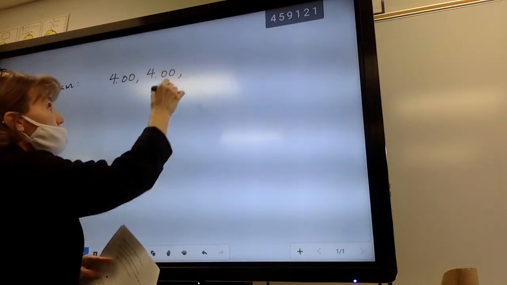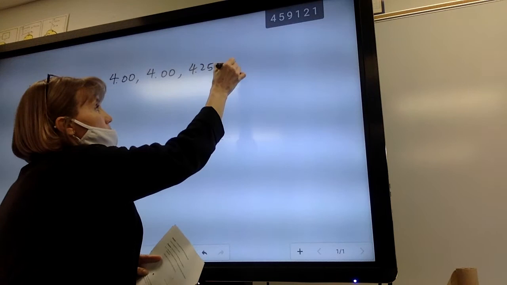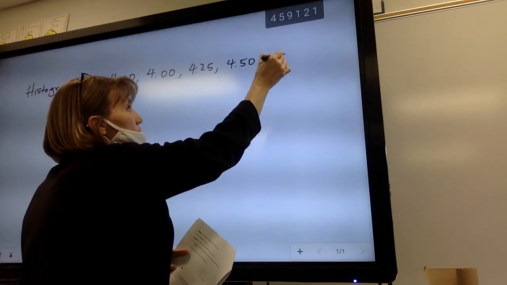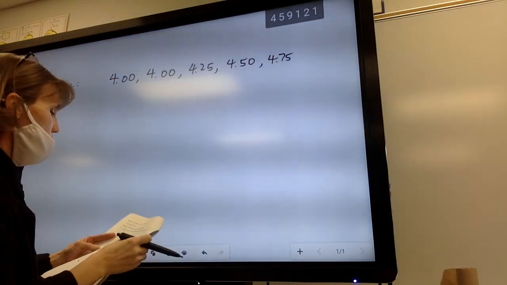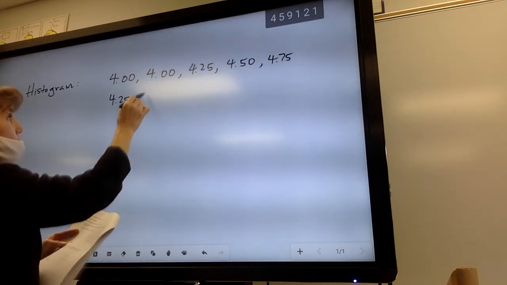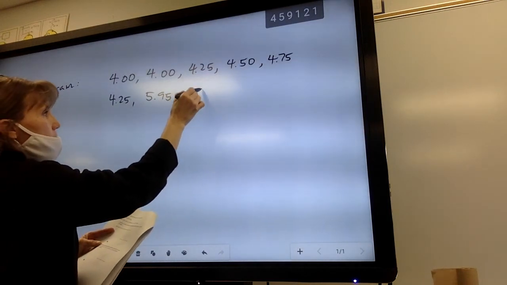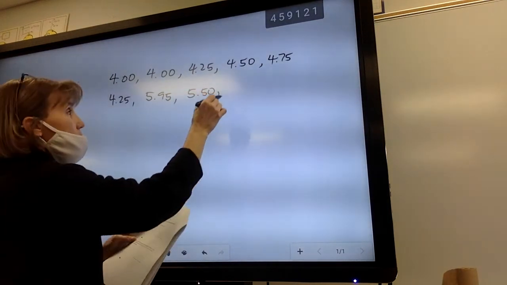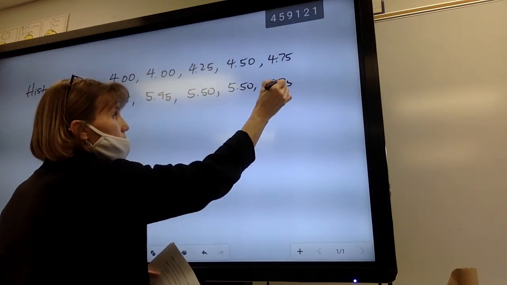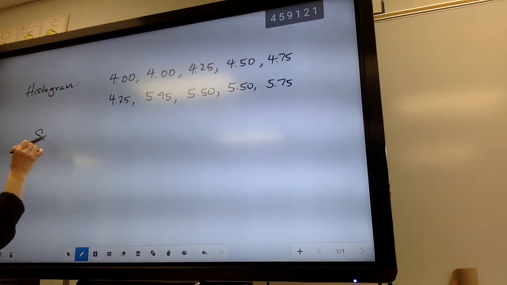You think that's expensive? $4.25. $4.50. $4.75. $4.25. $5.95. Now we're getting into Chick-fil-A. $5.50. $5.50 and $5.75. So these are representing sandwich prices.